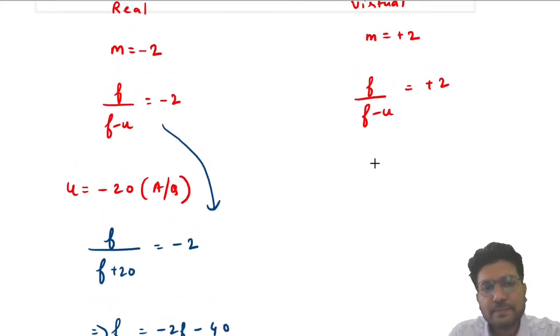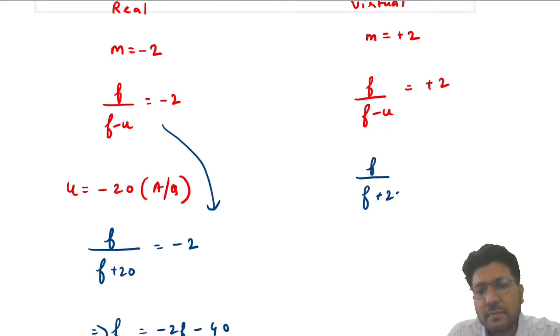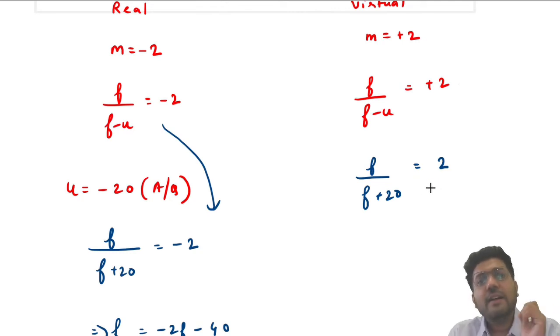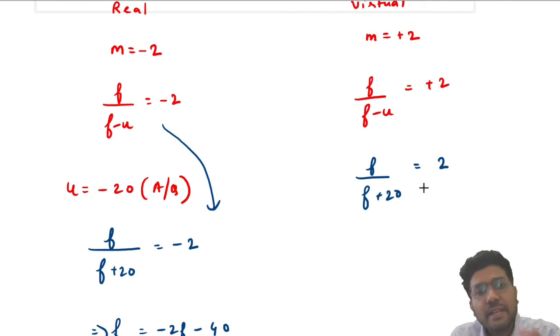Now here, f by f minus u is again f by f plus 20, equal to, this time, plus 2. When the image is virtual, then m has to be positive, because a virtual image is always erect for a real object. Erect means m is plus, inverted means m is minus.